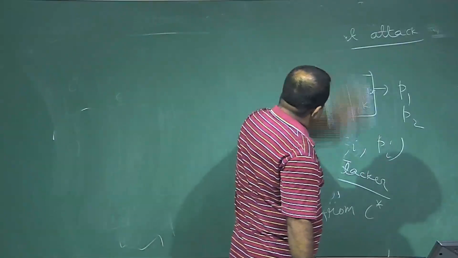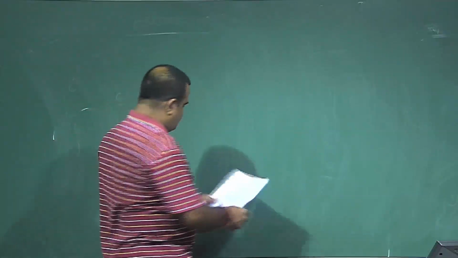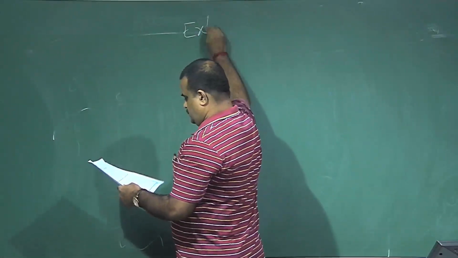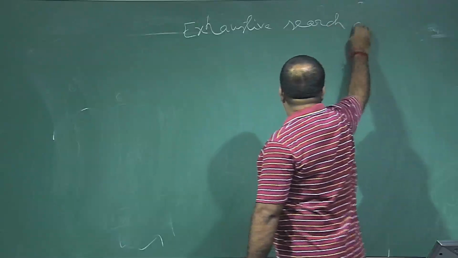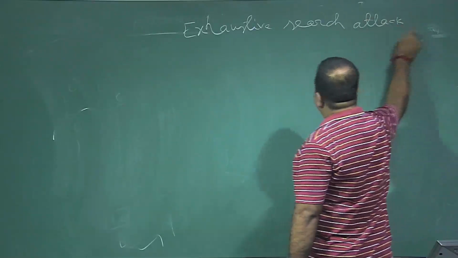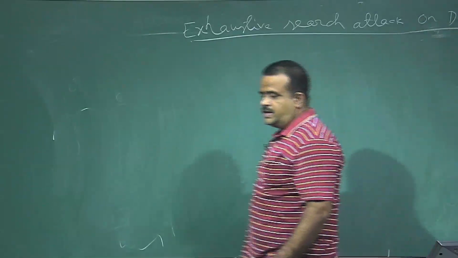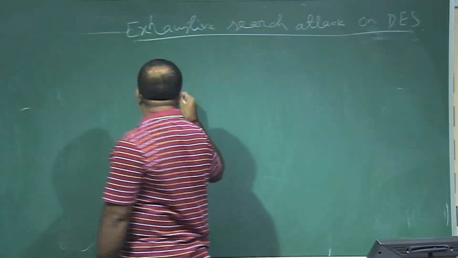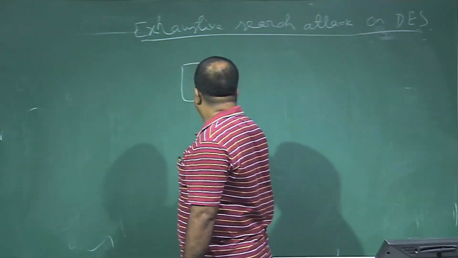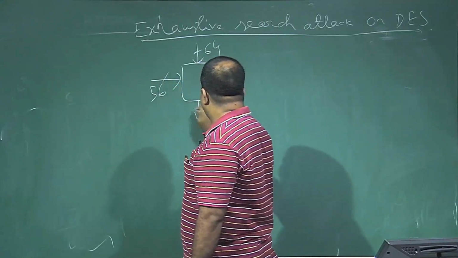Okay. So, now we will talk about the exhaustive search attack on DES. DES is a block cipher which takes a 56 bit effective key.